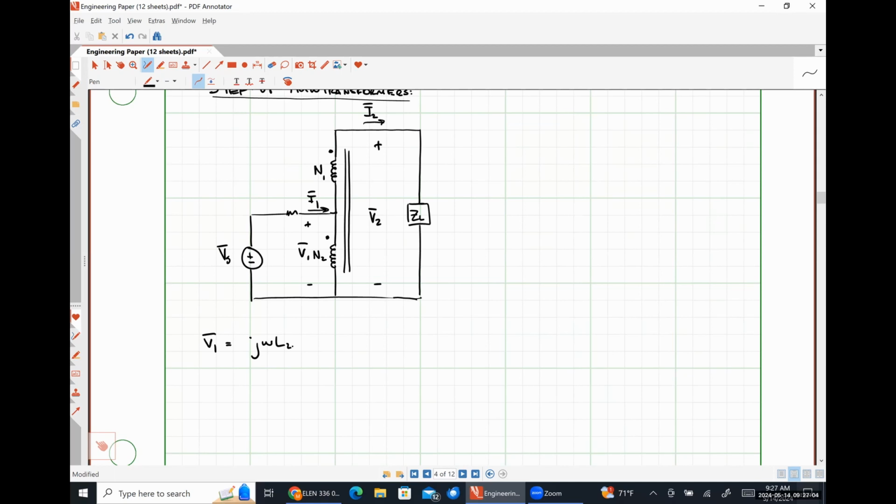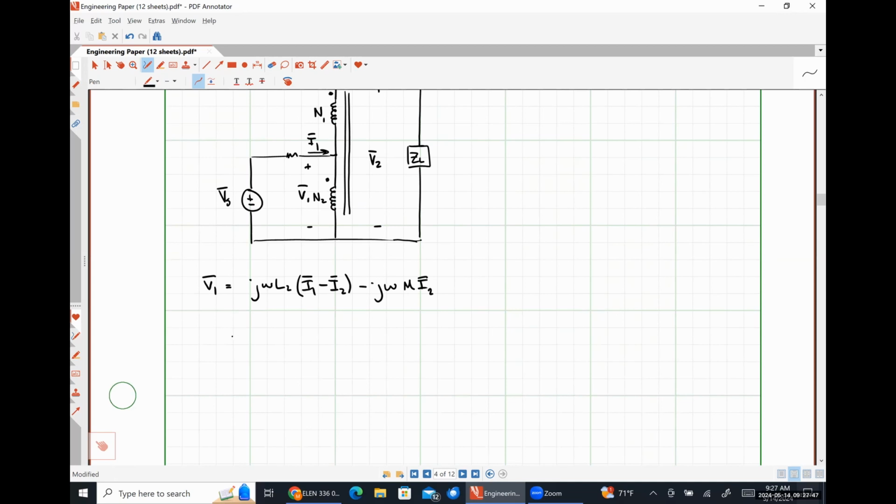I1 is flowing into that node, I2 is flowing out, so I1 minus I2 has to be flowing down. And then we have our mutual term. And so the current I2 is flowing into the undotted terminal of the coil with N1 turns. So we're going to have a minus there, right? So minus j omega M I2. And we can now play around with this a little bit.